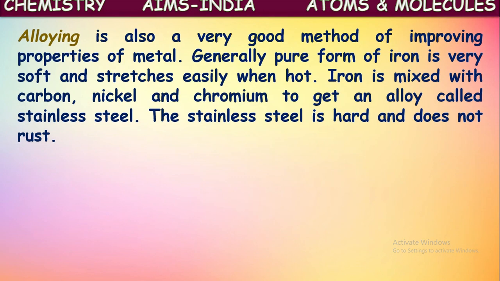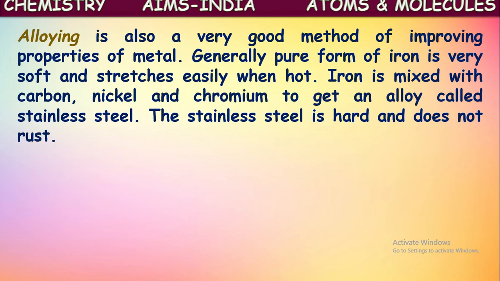Alloying is also a very good method of improving properties of metal. Yes, alloying is also one of the best methods in preventing corrosion. Not only that, it improves the properties of metal. Generally, the pure form of iron is very soft and stretches easily when hot, and it even gets corroded very easily.